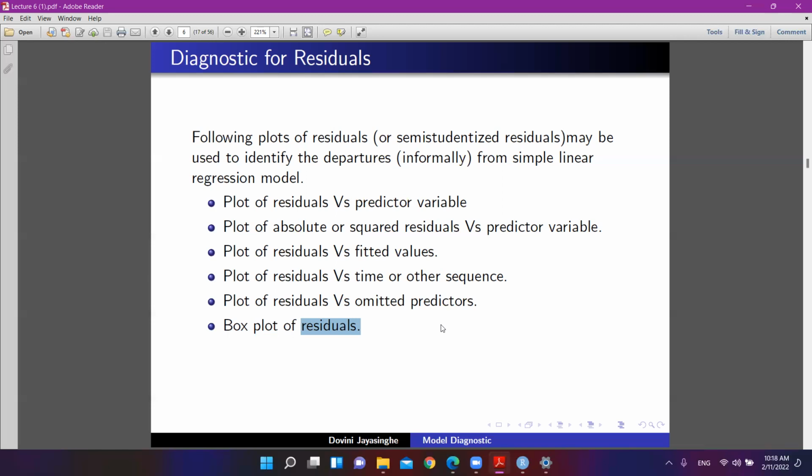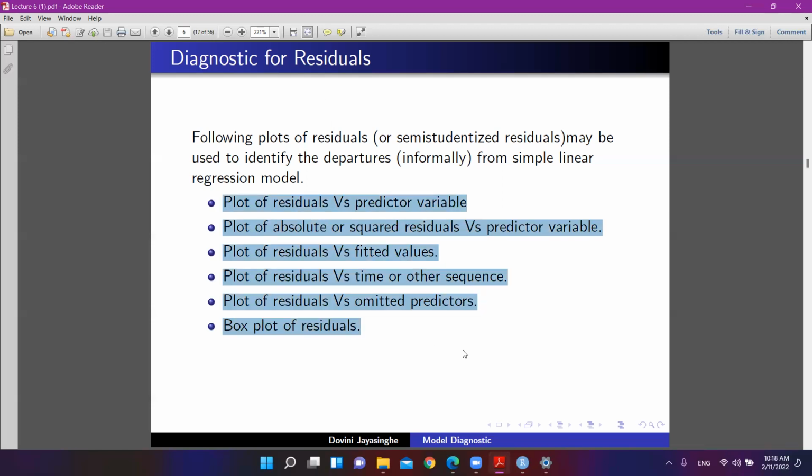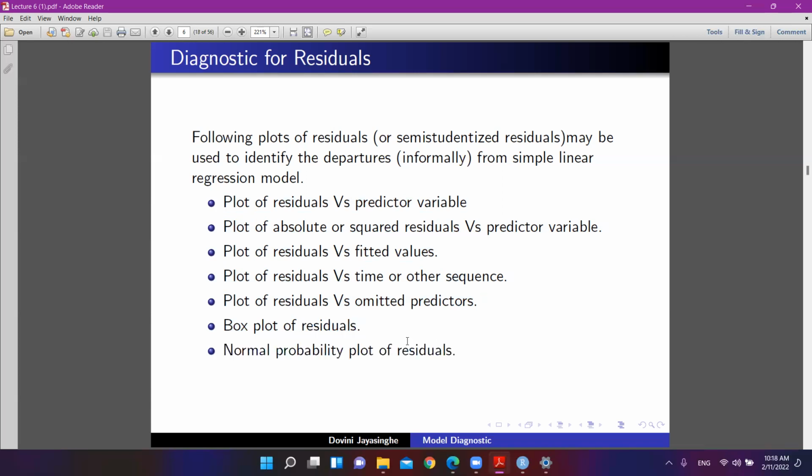Anyway, if it is a normal distribution, you should be getting a symmetric box plot. What if you didn't get it? That means the residuals are not normally distributed. We don't know the mean and the variance, but at least to get some idea whether it's skewed or not. So this is also important. These are alternatives that we can go for.